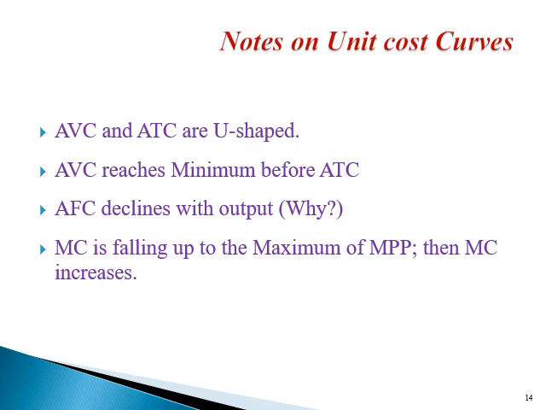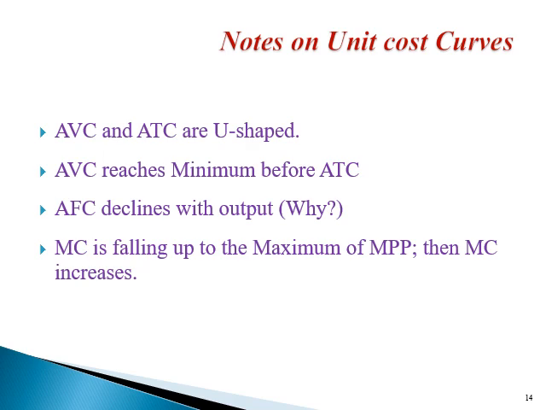And the reason is simple: average fixed cost is total fixed cost divided by the level of output. As the level of output goes up, the denominator gets bigger and bigger, but total fixed cost, the numerator, is constant. That's why average fixed cost will decline all the way.